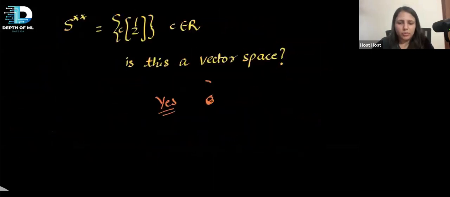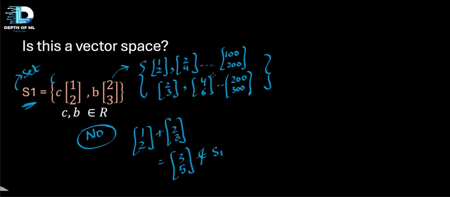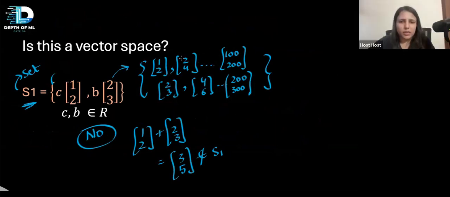Then I am showing you a set which has all these vectors. Now tell me, is this a vector space? And a vector space is nothing but a set of vectors, right? So I can talk about any set of vectors and ask you whether it's a vector space or not. Makes sense now? If you have any confusion, we can clear it now.